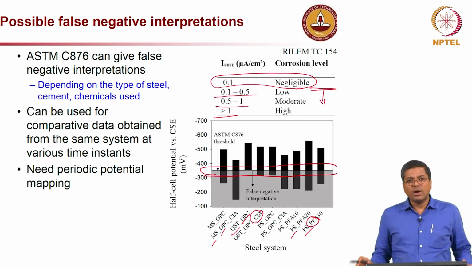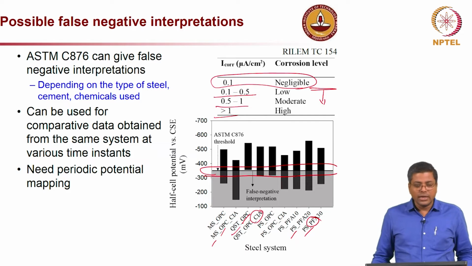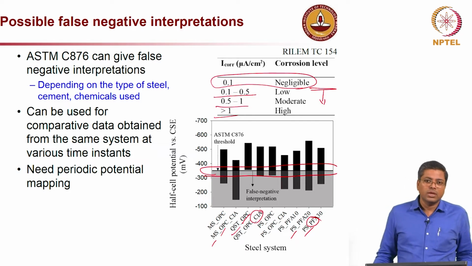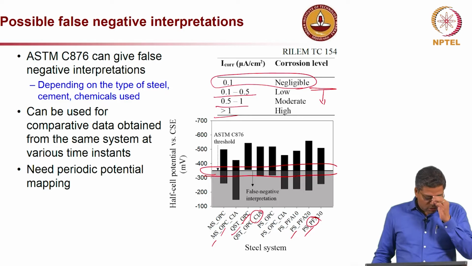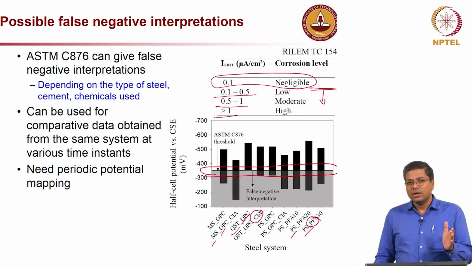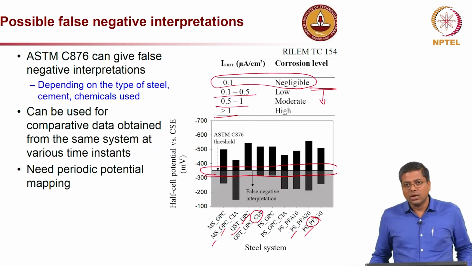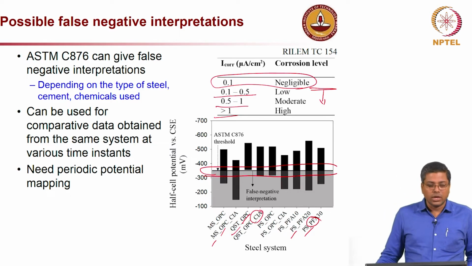That is all we can do at this time. Blindly looking for minus 350 is not a good approach. We have to go for a comparison between various points on the structure which are made of the same steel concrete system.